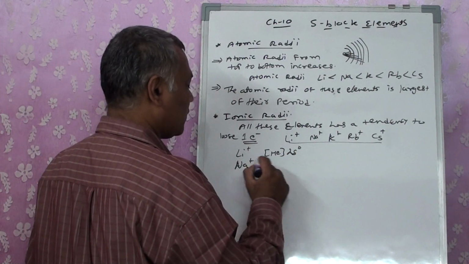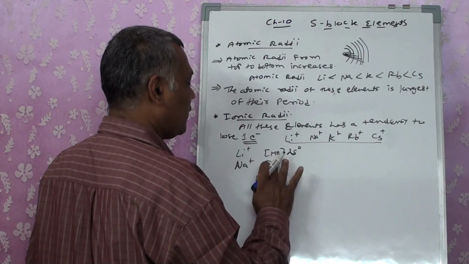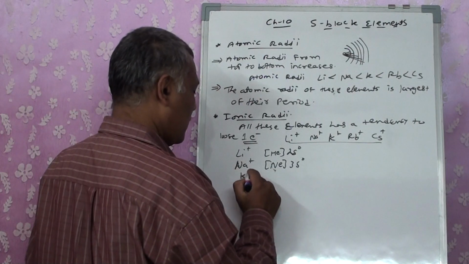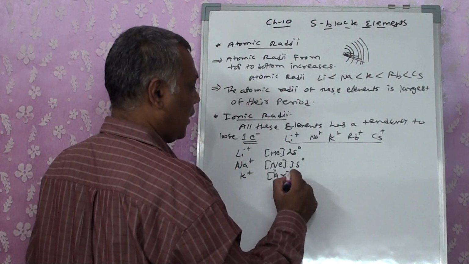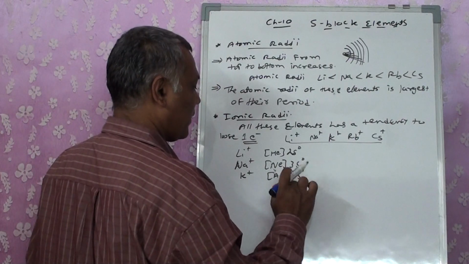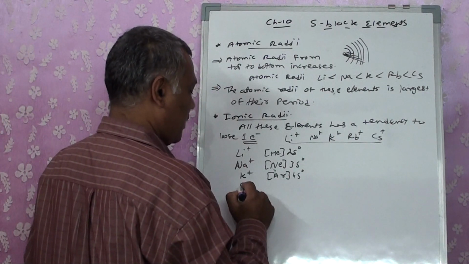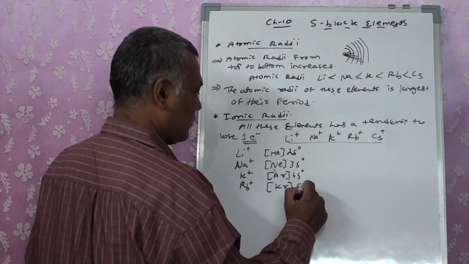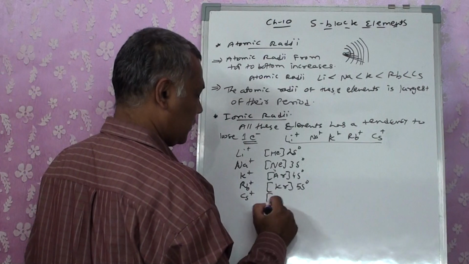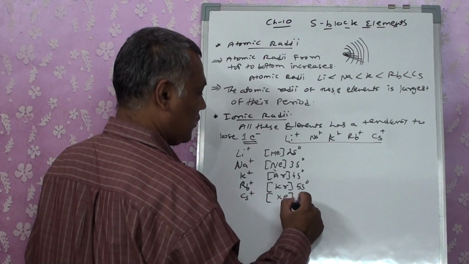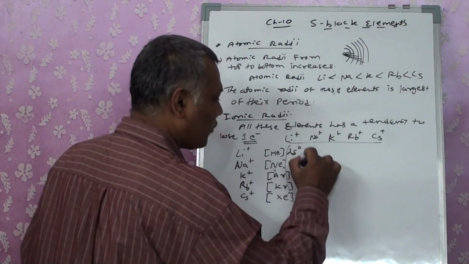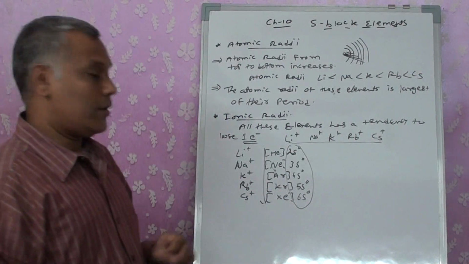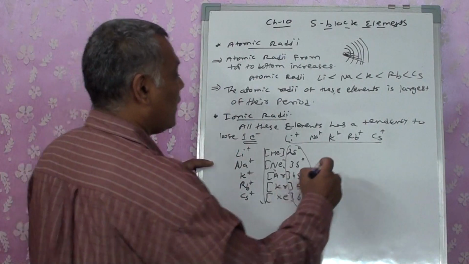If I take Na plus, I am going to get Ne, K plus, argon, Rb plus, krypton, Cs plus, xenon. So the electrons are removed from this orbital, but still we now have the ionic radii.